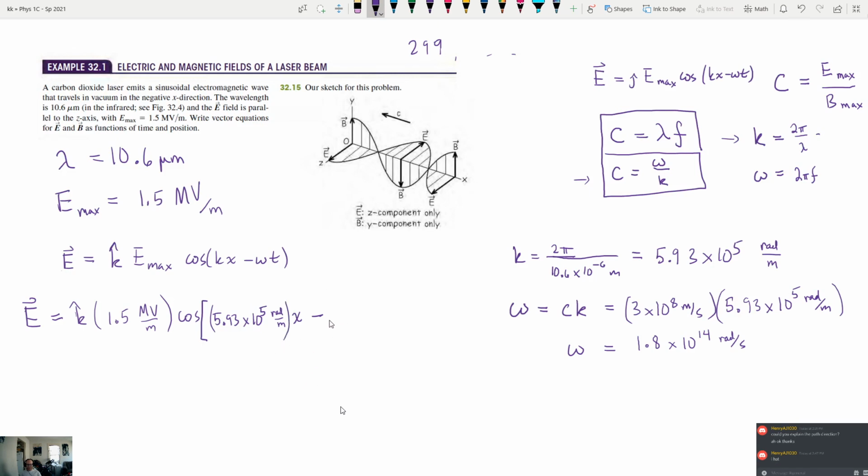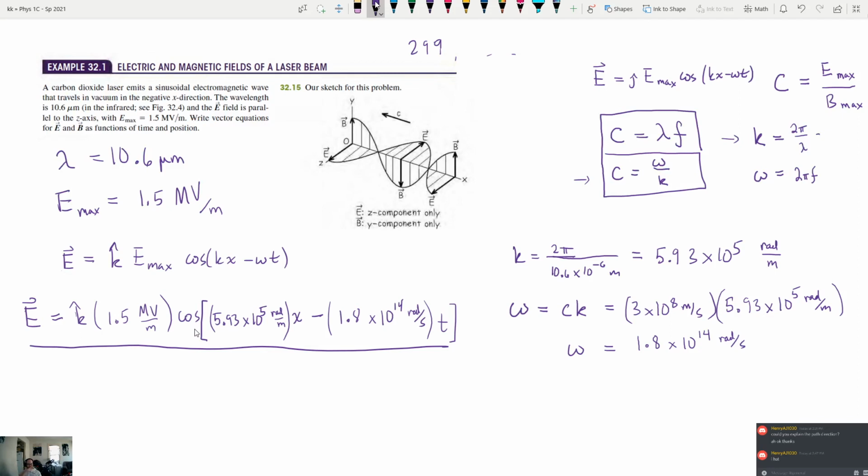So that's all times x, and then omega was 1.8 times 10 to the 14 radians per second times t. And there we go. That should be our electric field as a function of time for this wave.